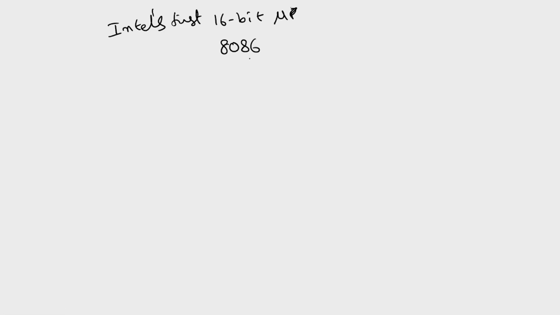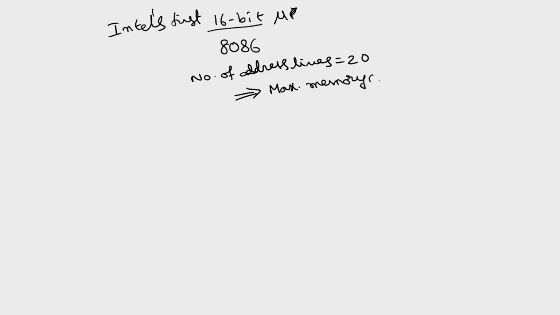The major differences between 8086 and 8085: one is the size of the ALU here is 16-bit, and the number of address lines in 8086 is 20. This implies the maximum memory that can be connected to the 8086 is 2 raised to the power of 20, which is 1 megabyte. This is one difference, and the number of data lines is 16.